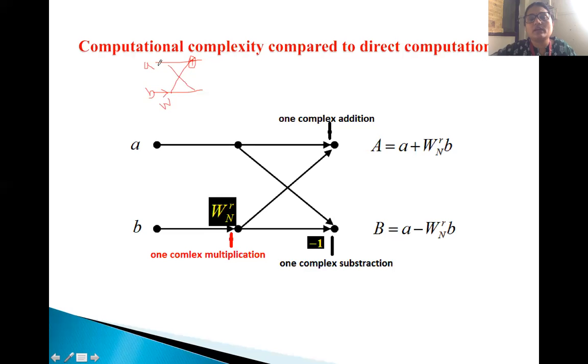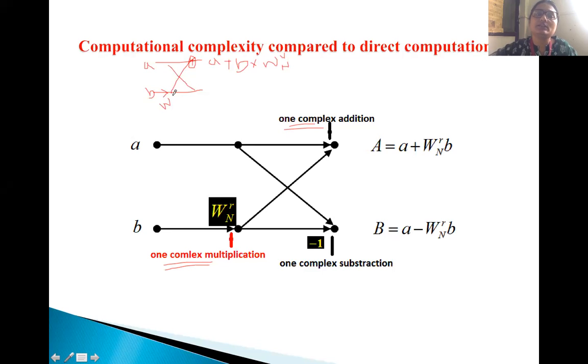There is 1 complex addition, and before that complex addition, there is 1 complex multiplication. So B gets multiplied by the twiddle factor W raised to r, suffix capital N, and then it is added with A.